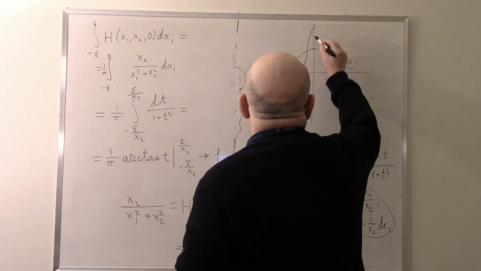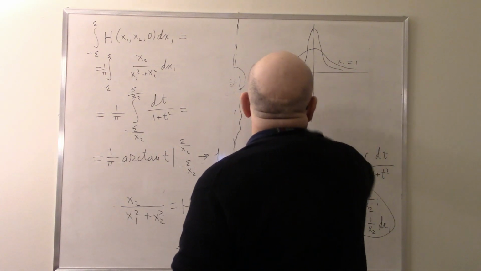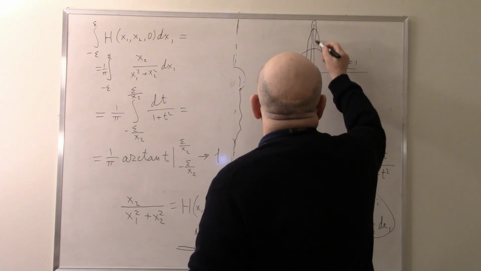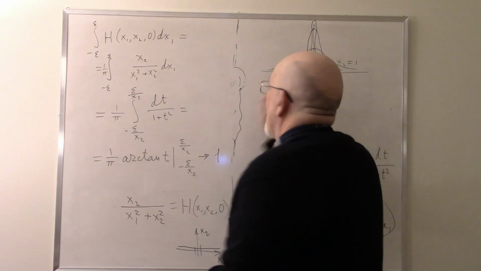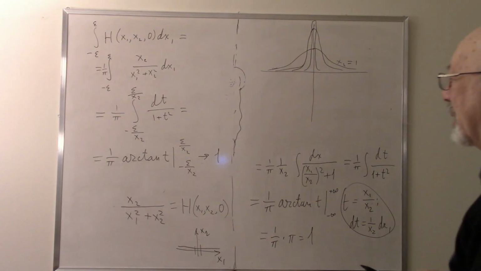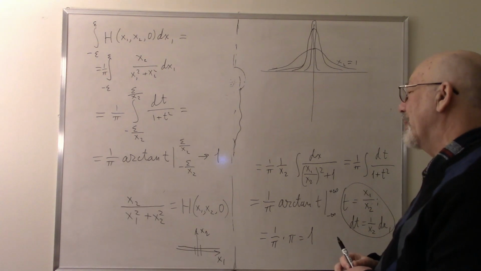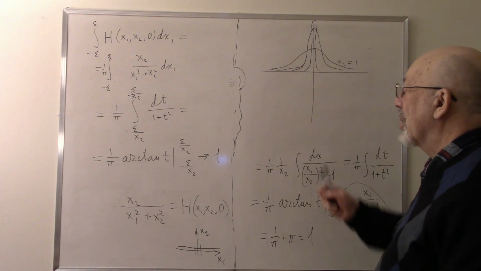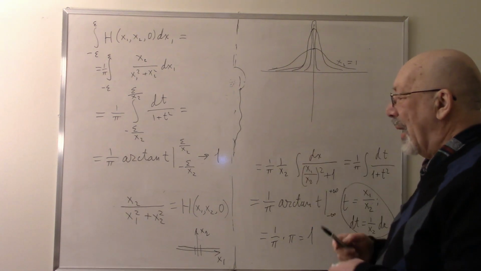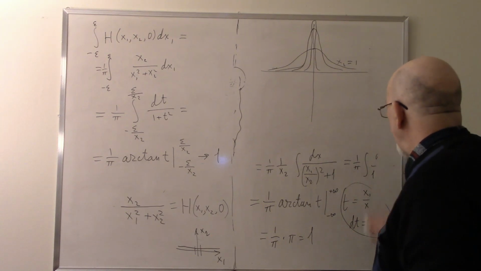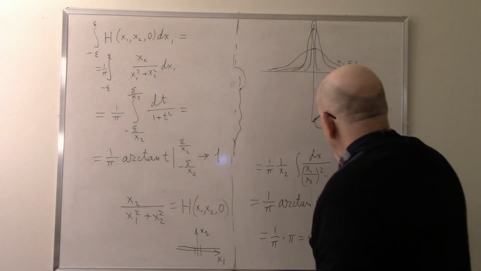So it is like this, and so on. The smaller x2, the higher this peak and the narrower this peak. So we see that this goes to delta function.